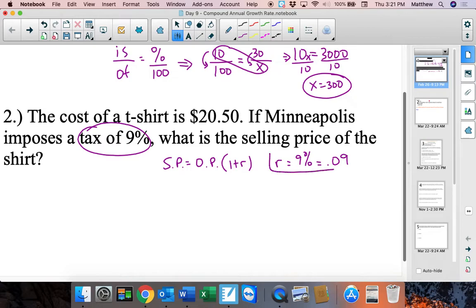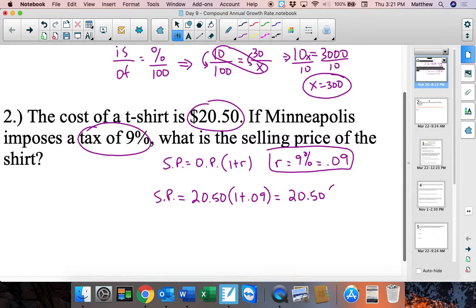So this is important to keep in mind. Percentage as a decimal. Okay, so the selling price, here we know the original price, $20.50, times 1 plus a tax rate of 9%. We're adding another 9%. So we're going to need $20.50 times 1.09.